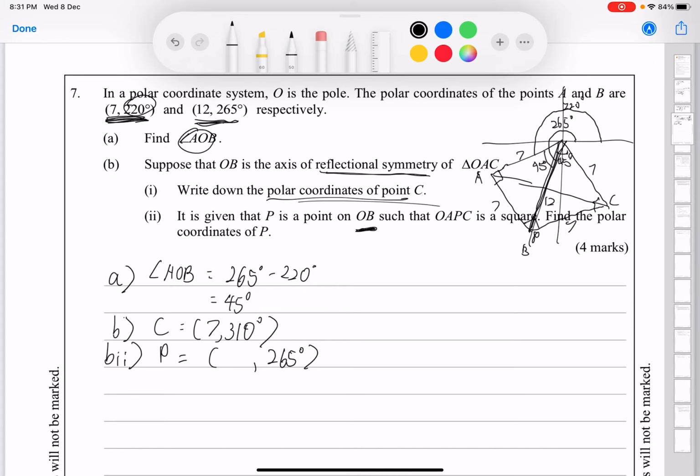This is the question. Actually, by Pythagoras theorem, we can already find it, because this one is a right angle. So, the answer is like this. Root 98, 265 degrees.